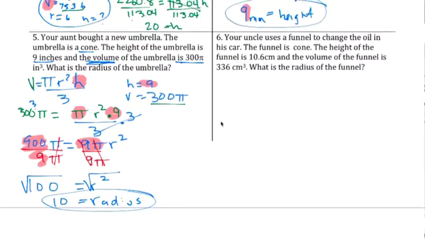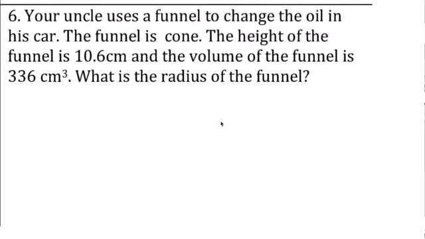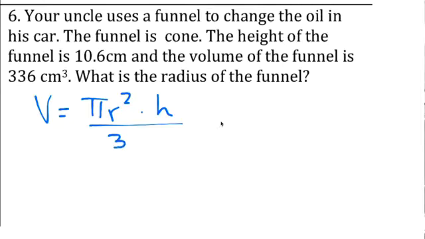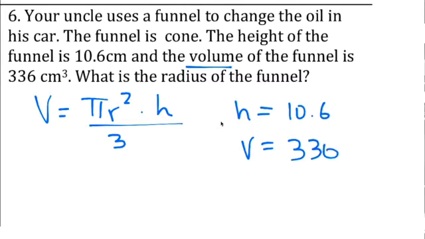Okay, number 6, your uncle uses a funnel to change the oil of a car. The funnel is a cone, so the volume of a cone, again, is pi r squared times height, and don't forget to divide by 3. The height of the cone is 10.6 centimeters, and the volume is 336 centimeters.